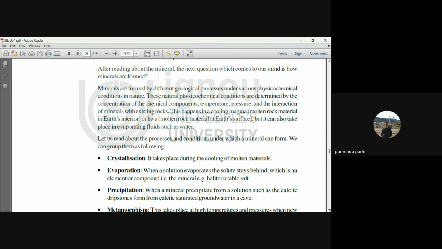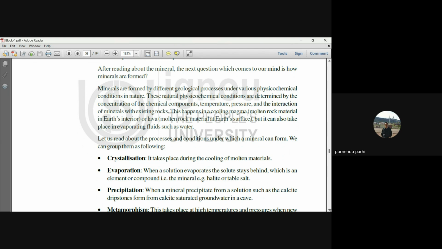These natural physiochemical conditions are determined by the concentration of the chemical component, temperature, pressure, and the interaction of minerals with existing rock. This happens in a cooling magma, molten rock material in earth interior, or lava, molten rock material at the earth surface. But it can also take place in evaporating fluids such as water.